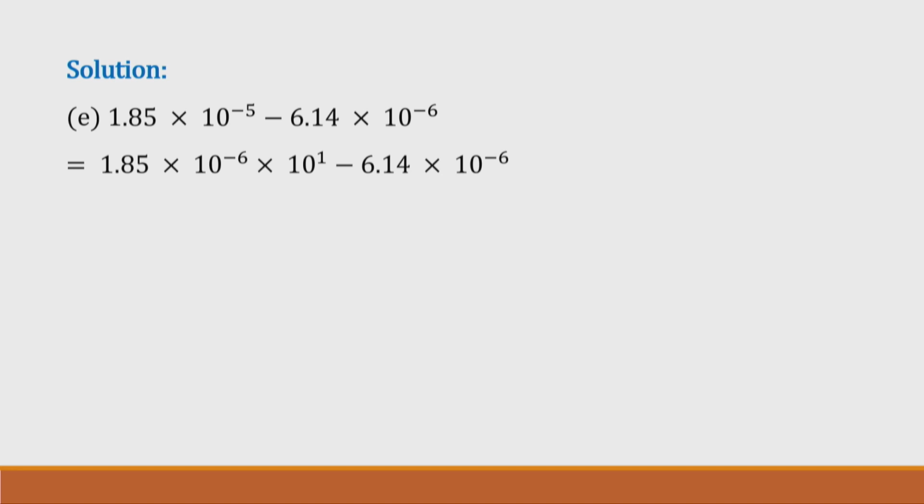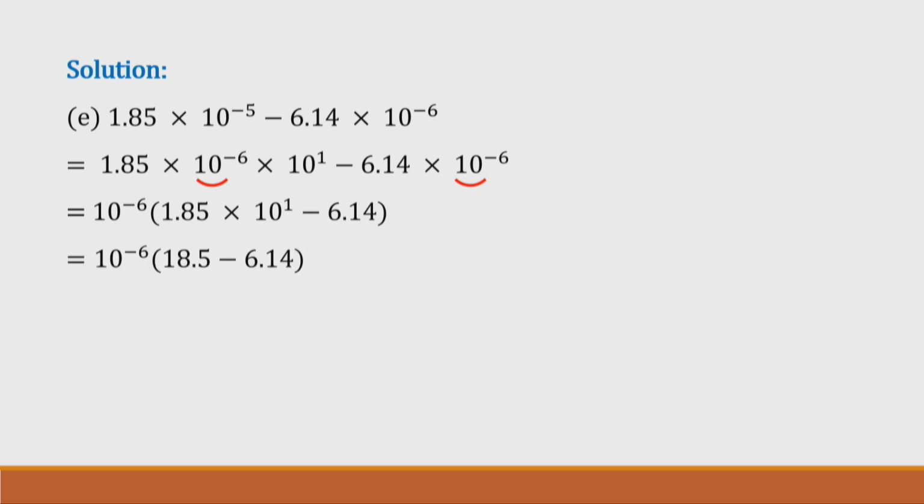So we can see that 10 power negative 6 is common. I will take 10 power negative 6 outside. And between the brackets, I will be left with 1.85 times 10 power 1 minus 6.14, which will give me 18.5 minus 6.14.